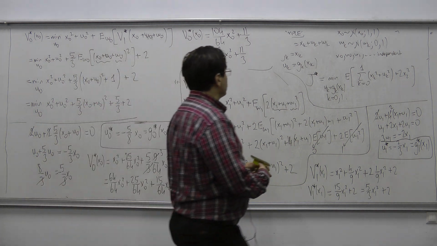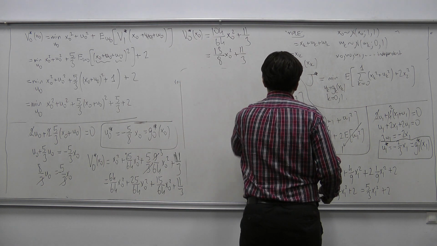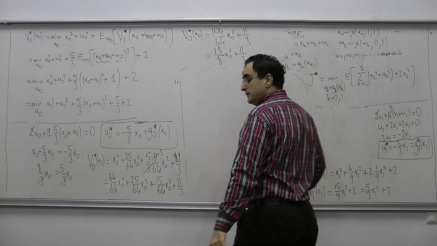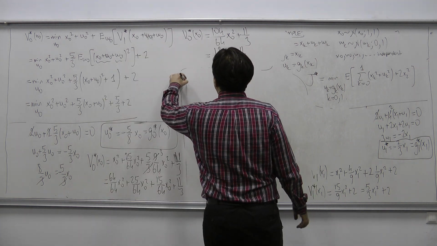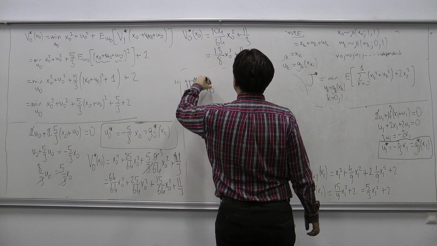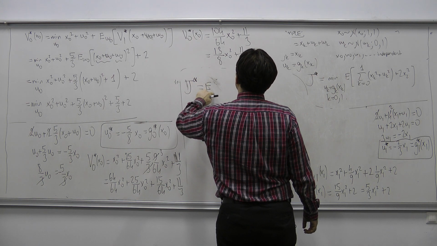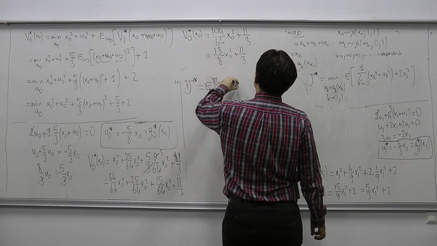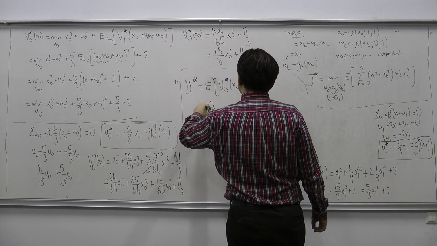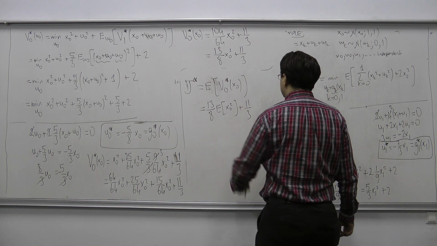And now in order to be able to find the optimal overall cost, I need to take the expected value of this thing with respect to x0. Okay? So here, this J star, the optimal cost after all optimal feedbacks, is the expected value of V0 star of x0. So it is 13/8 times the expected value of x0 square plus 11/3.